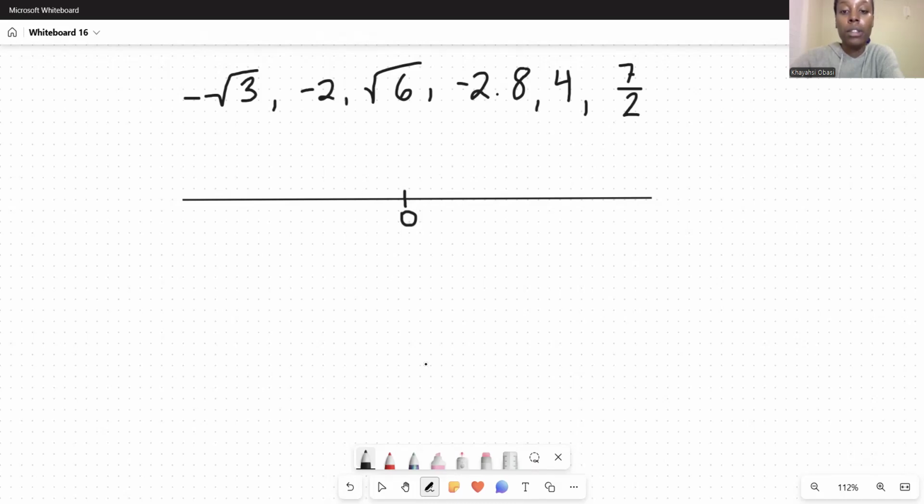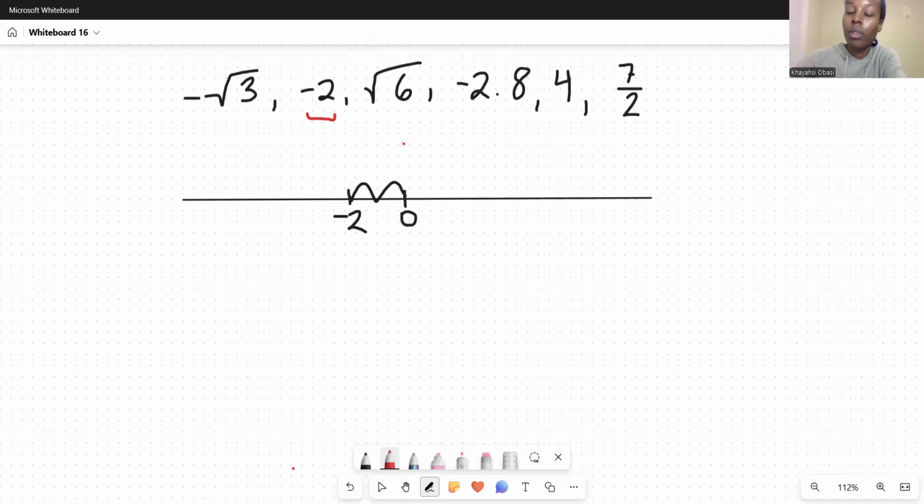So I'm going to start with the easier ones, like -2. And that's going to be 2 away from the origin, or 0. Got that down.